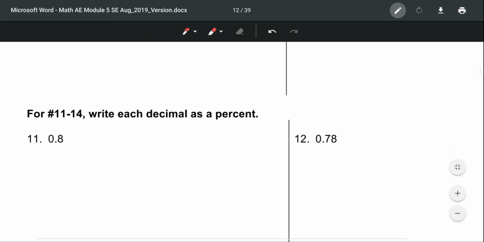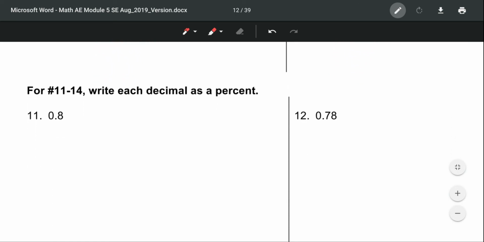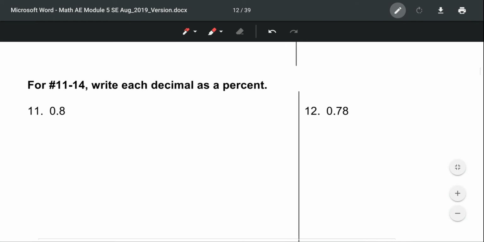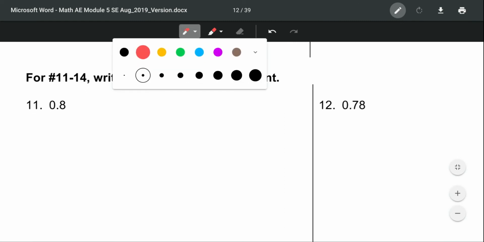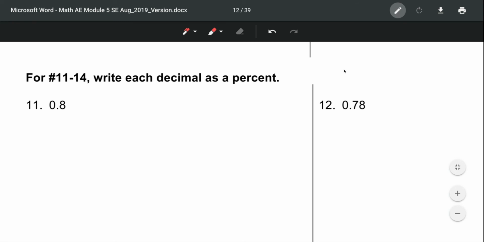Okay, for 11 through 14, it says to write each decimal as a percent. So you read this decimal 0.8 properly as 8 tenths. So 8 tenths means 8 out of 10.